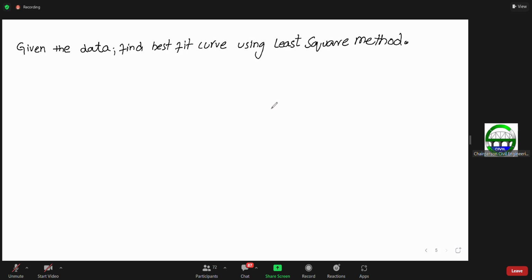Okay, so in here they say that use second degree polynomial to fit the curve.